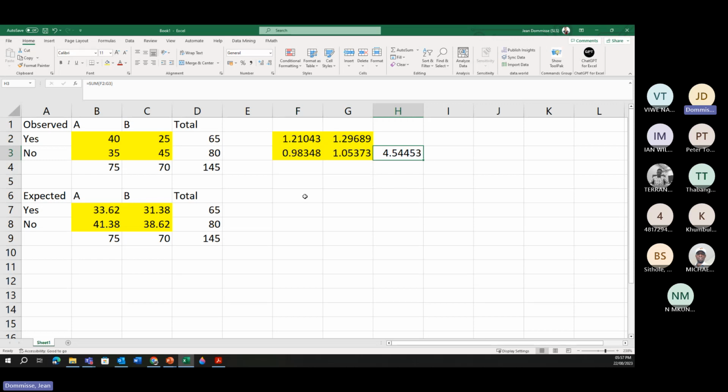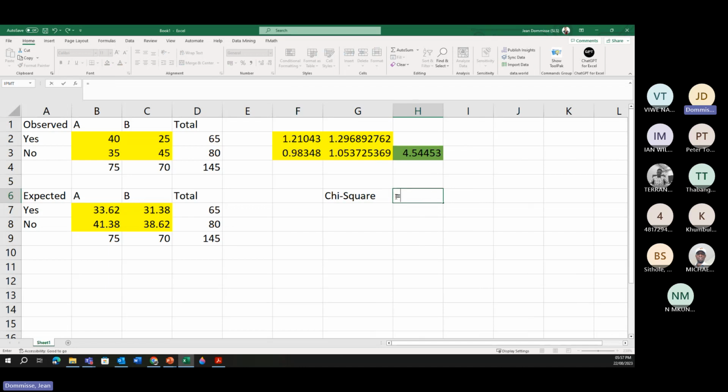So what function is there also in Excel? Let's just undo. Okay, so that was your final answer. What you can also do is use the chi-square function in Excel.